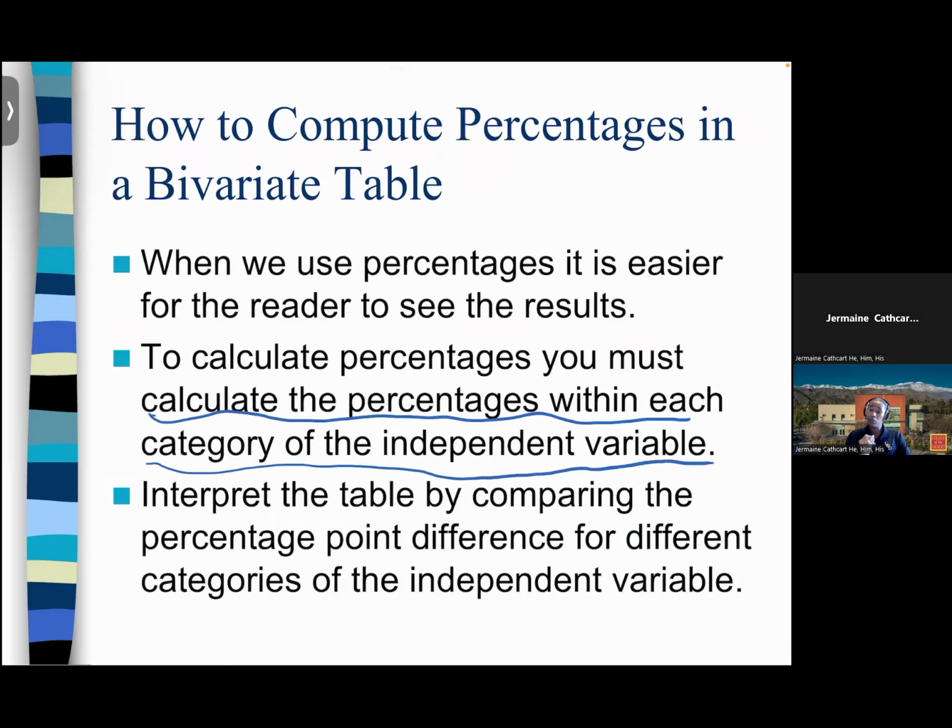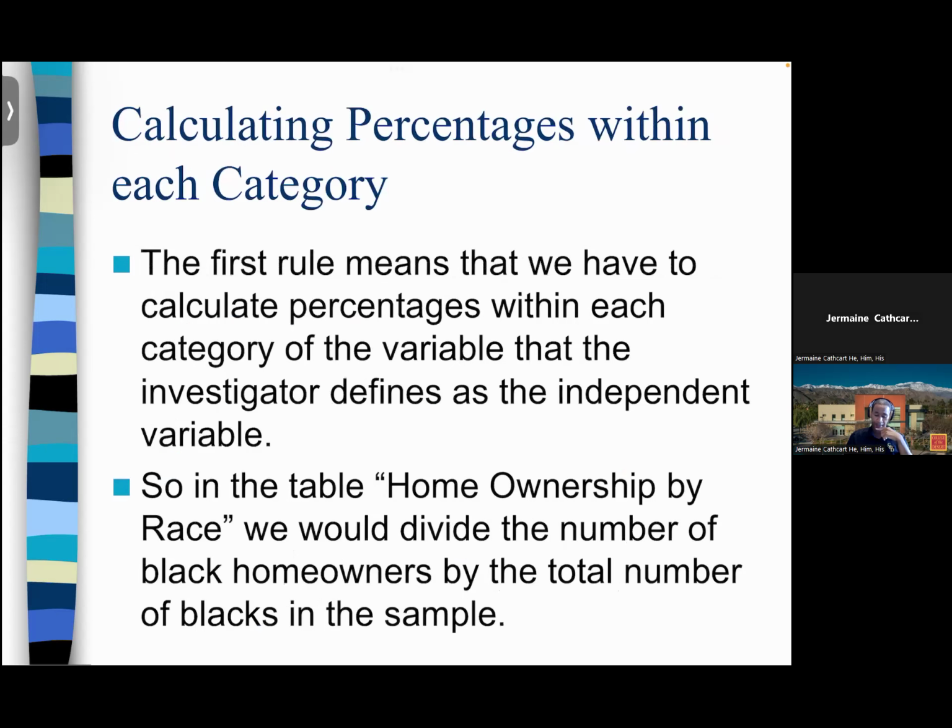So like I said, since we typically put the independent variable in the columns, an easy rule to remember is to calculate the percentages vertically, calculate the percentages for the columns, okay? And then you're going to interpret the table by comparing the percentage point difference for different categories of the independent variable, right?